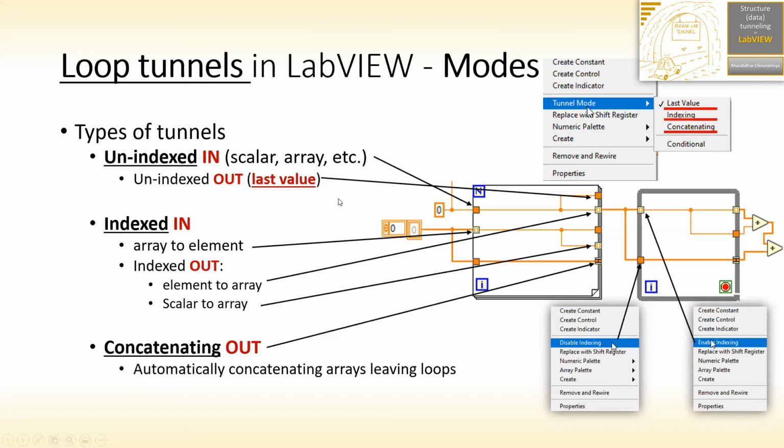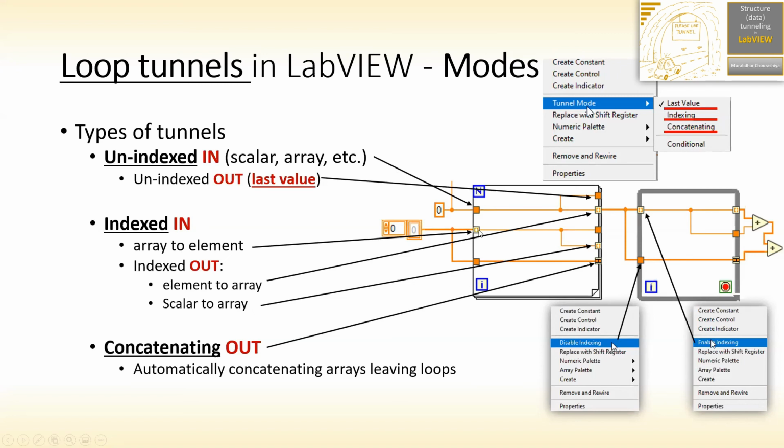With an unindexed input, you can supply either a single value or an array. When you make it indexed by enabling indexing, you can pass an array to this indexing.